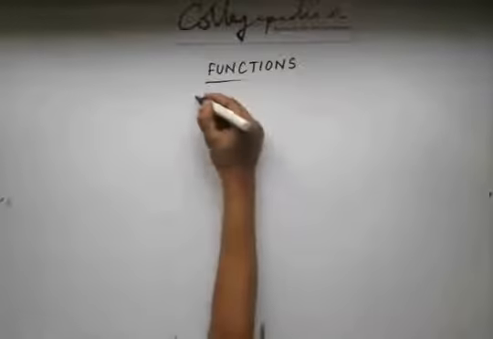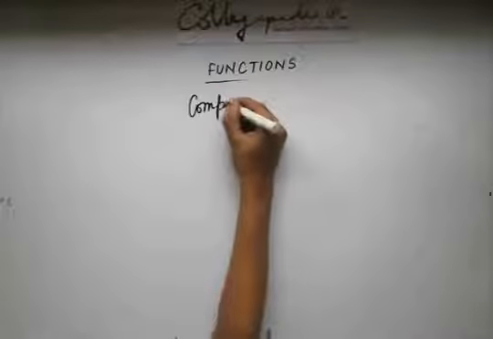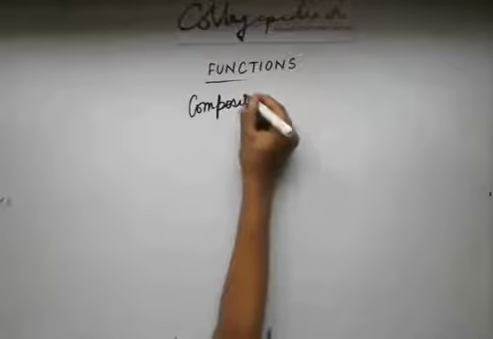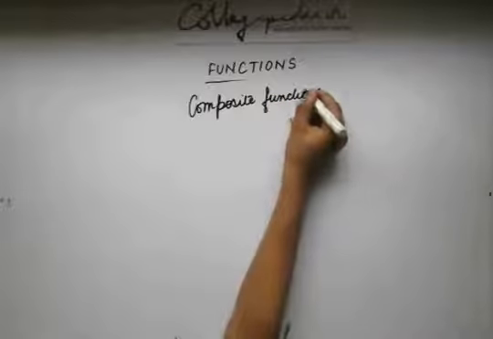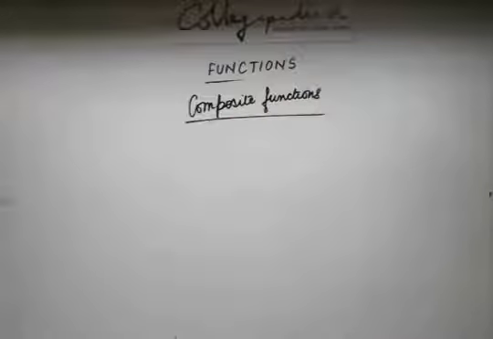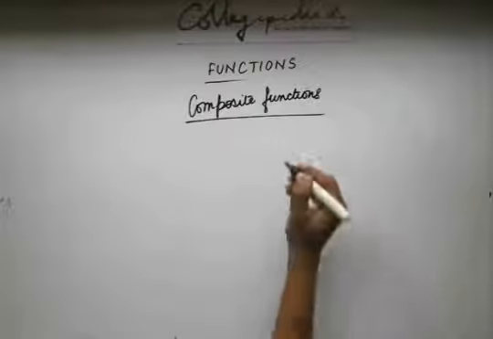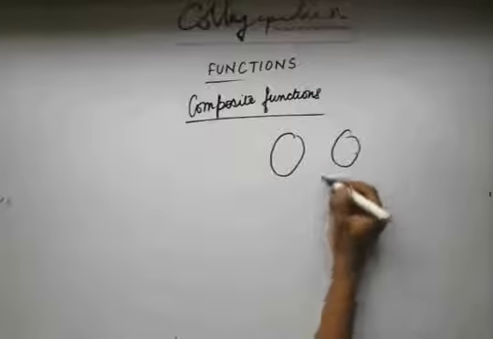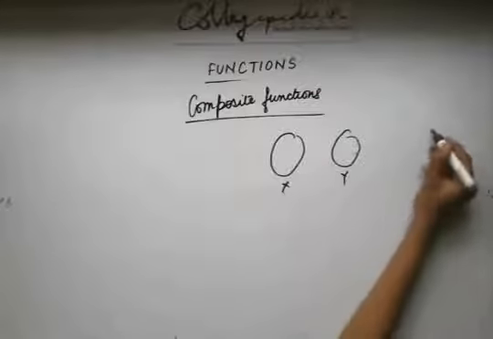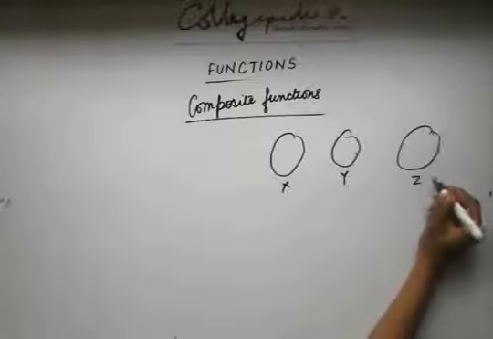Now we discuss the next very important term, which is composite functions. So now we'll study what a composite function is. Let's say I have two sets, x, y, and I have set z.